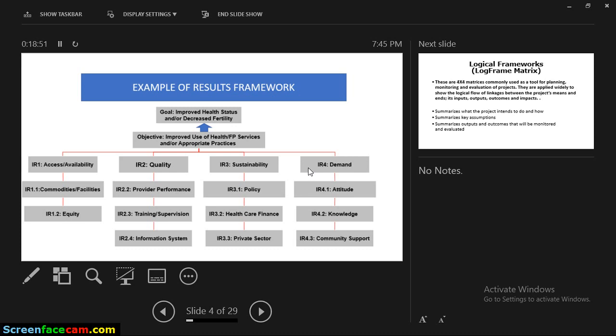So we can begin our journey one by one, right? On the right side, this is also an adapted framework somewhere. So we start from the left side, IR 1.2. We are saying there is equity. When we talk about equity, what do we talk about exactly?